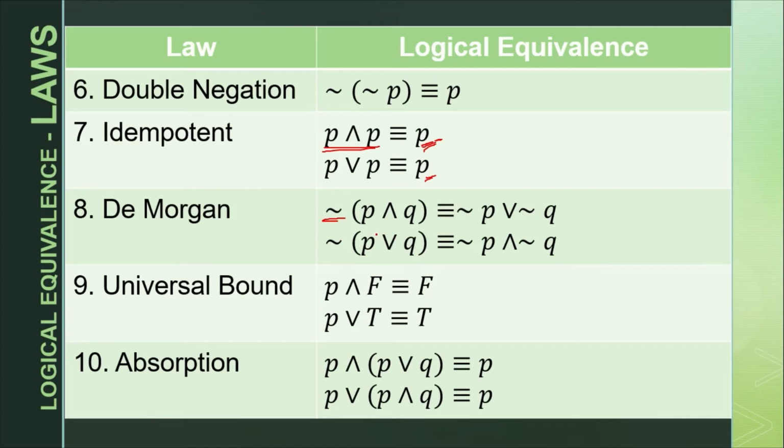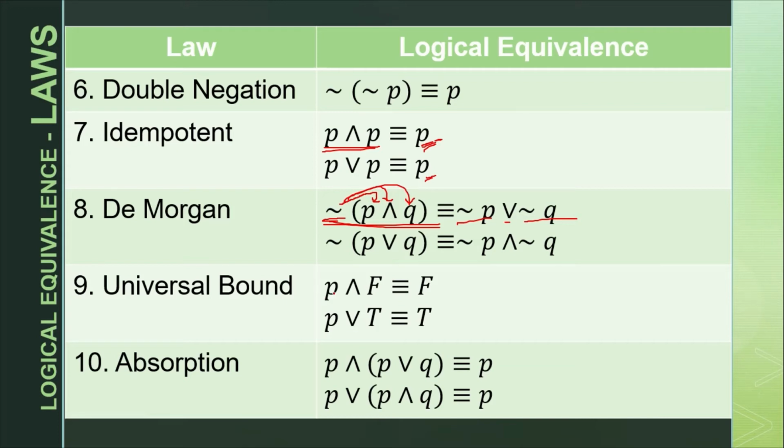For example, the not of the conjunction of P and Q. You distribute the negation to P, the operator is also affected, and then you negate Q. So that is why we have not P or not Q. Therefore, the negation of the conjunction of P and Q is logically equivalent to the disjunction of not P and not Q. Same with disjunction. Take note that the operator changes when you distribute, when you expand the statement.